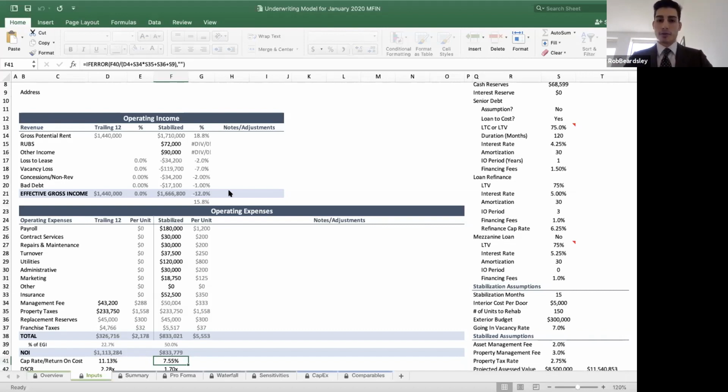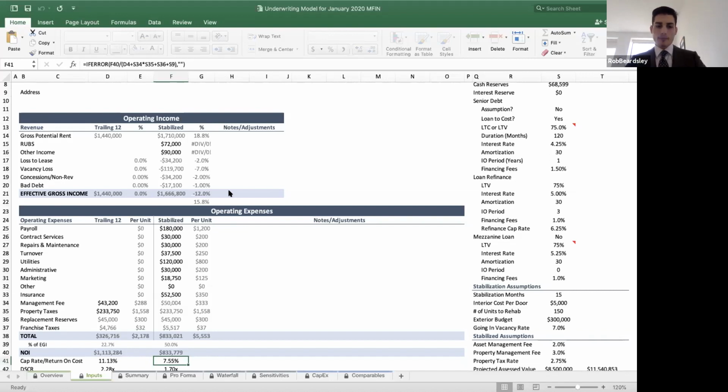But then of course interest only runs out, and now you're amortizing that 4% debt, which creates a debt constant of almost 6%. So that's a tricky scenario. So I can understand why preferred returns are being moved away from in deals where cash flows are very light.